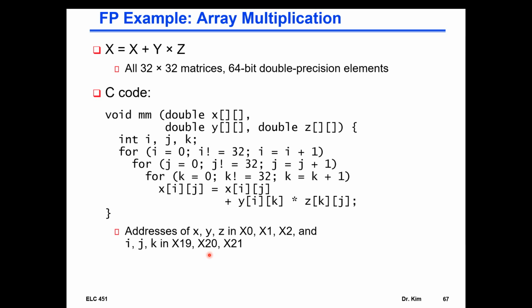You can have another set of code. So here's code to do a matrix multiplication with double precision elements, and the matrices are 32 by 32 elements.